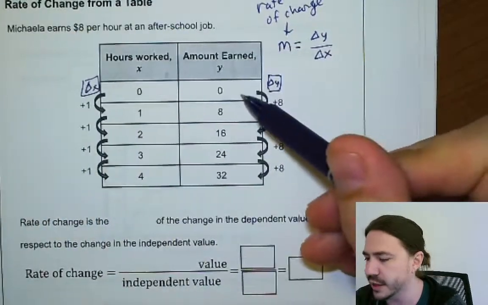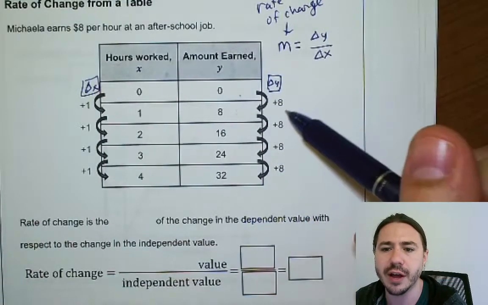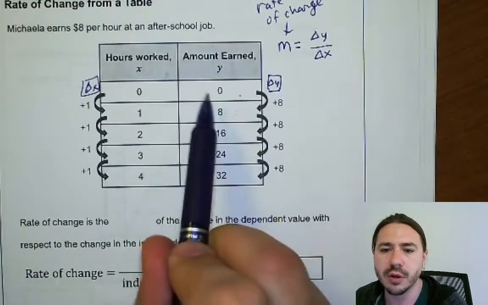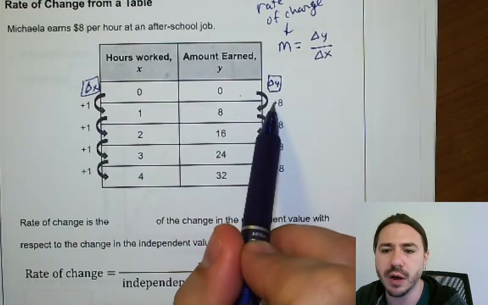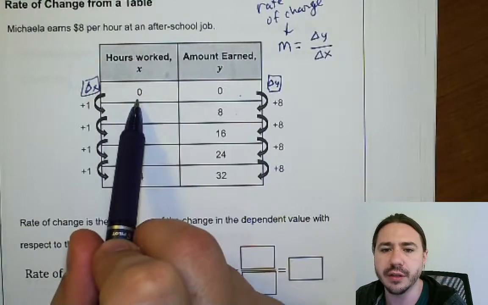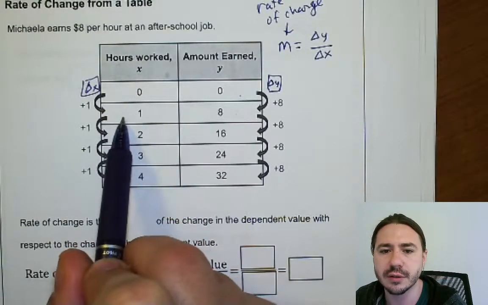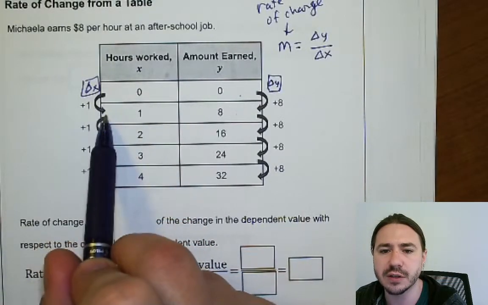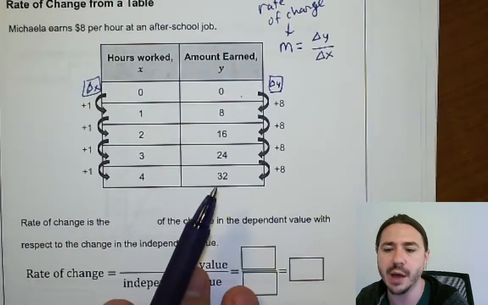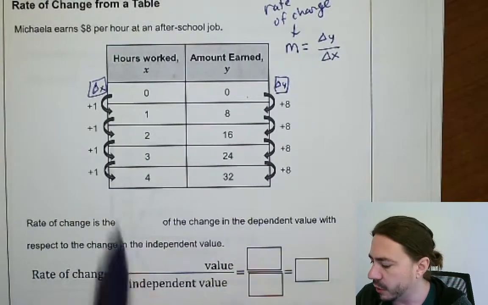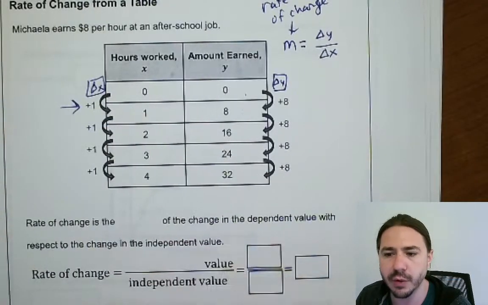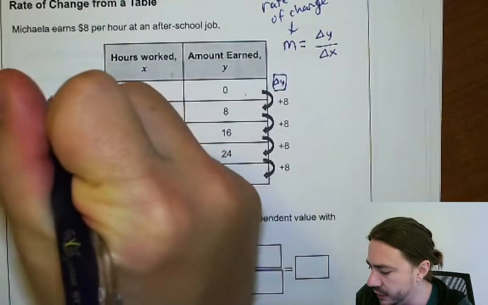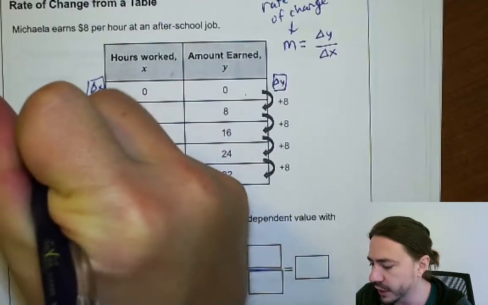So what this is saying is, to get from 0 to 8, we've got to add 8. So between this coordinate and this coordinate, my change in y is 8, and my change in x is plus 1, because going from 0 to 1, you have to add 1. So for this change, I can determine my rate of change is 8 over 1, which just equals 8.